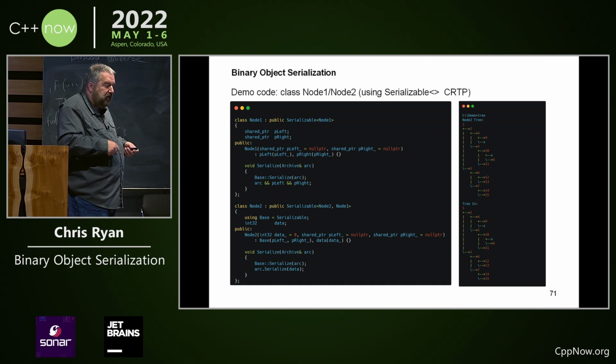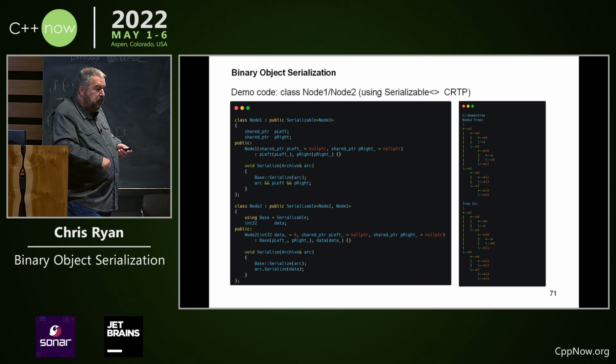Marshall, you were about to ask. Yeah, I was about to ask. In the node 2 class, you have using base equals serializable, and you call base serialize. Fine. In the top class, you have no using for base, and yet you're calling base serialize. What class is that? That's slideware that got left out.